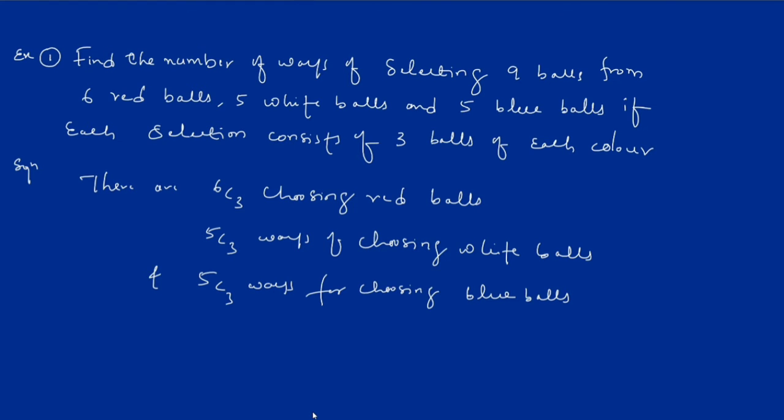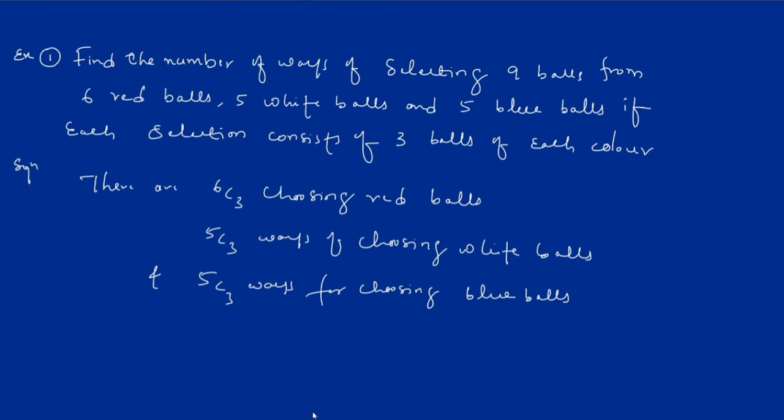Because why we are taking here 6C3? Because 6 red balls are there but the selection consists of 3 balls of each color. They are saying 3 balls should be there. So 6C3 for red balls, 5C3 for white balls and 5C3 for blue balls.